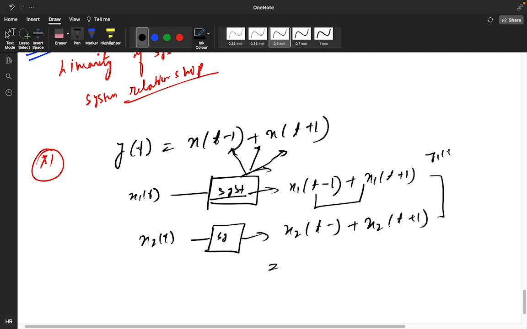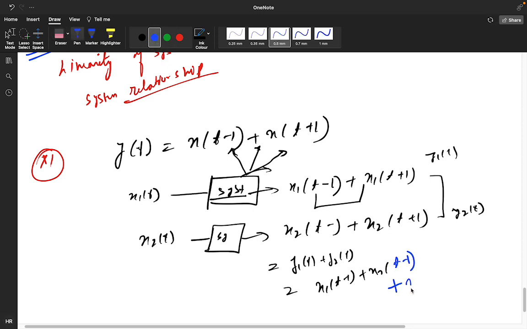This is my y1 of t output and this is my y2 of t output. So y1 of t plus y2 of t: what result will you get? x1 of t minus 1 plus x2 of t minus 1, then plus x1 of t plus 1, then plus x2 of t plus 1, if you add them.